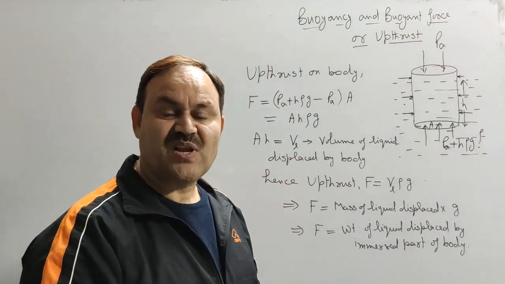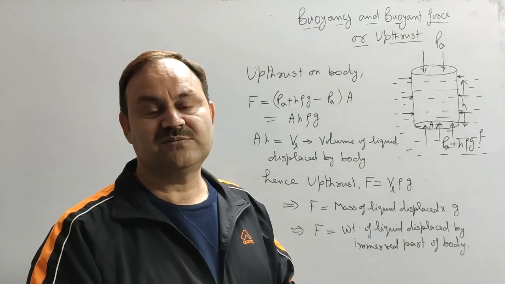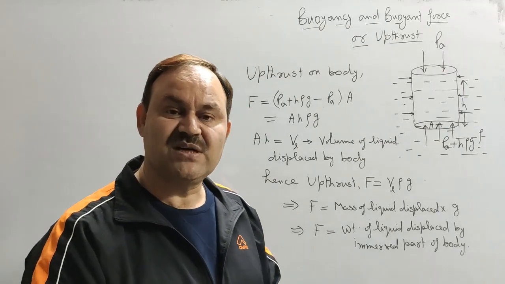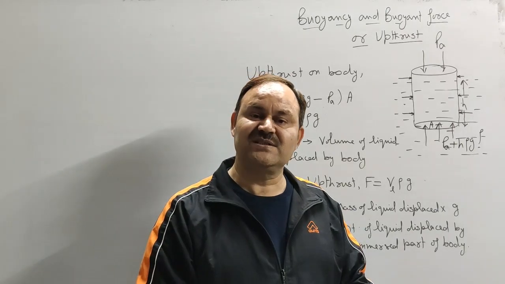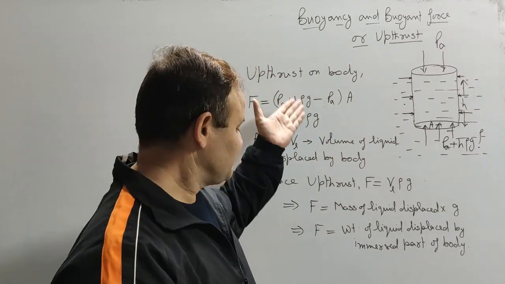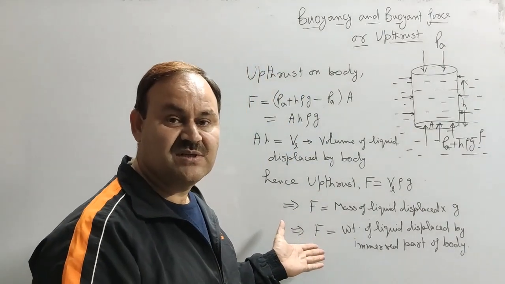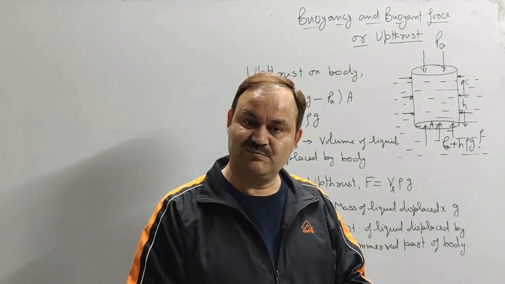So thus upthrust is always equal to the weight of fluid displaced by the immersed part of the body, and it is Archimedes principle. Thus this expression for upthrust gives us the proof of Archimedes principle.